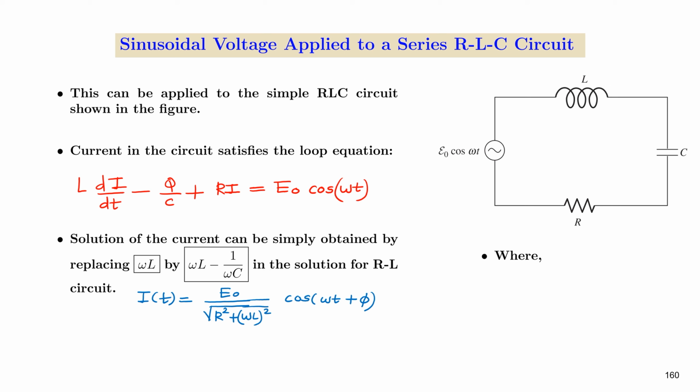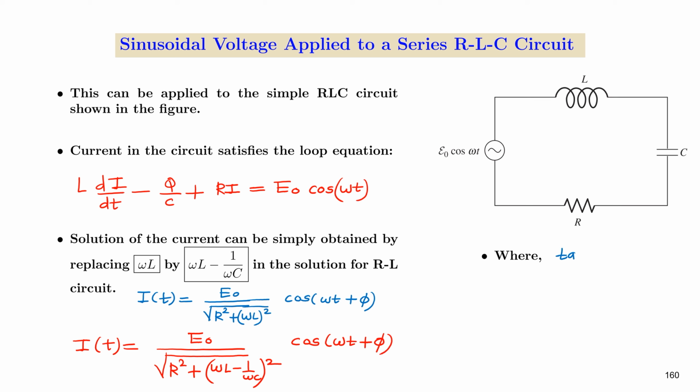In this equation, we'll replace omega L by omega L minus 1 by omega C, that is R square plus omega L minus 1 by omega C the whole square, then cos of omega t plus phi.